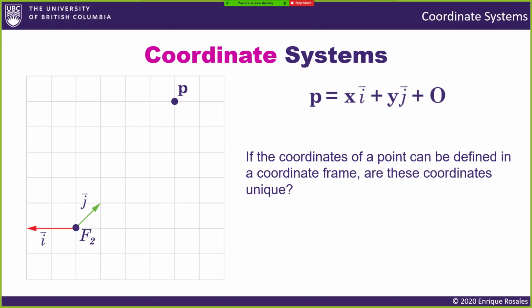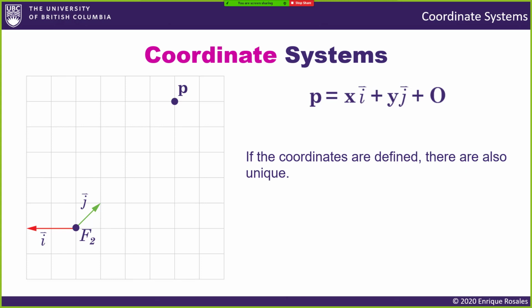But yeah, exactly. So yes, if the coordinates are defined, if the point P or the vector for the position P is inside that space, the coordinates are always unique, right? If they were not unique, we would have a lot of problems in computer graphics, and the world would be very weird.